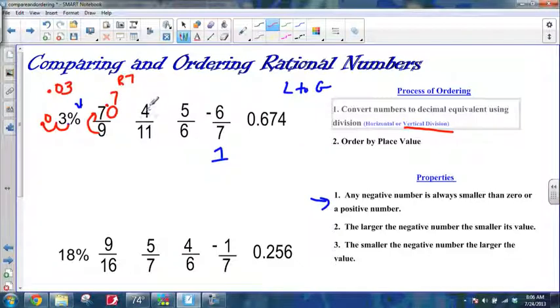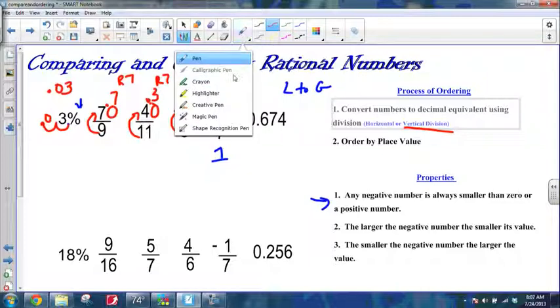And I'll do the same thing to the 4/11ths, decimal point, 0. 11 goes into 40 3 times with a remainder of 7. And 6 goes into 50 8 times with a remainder of 2.